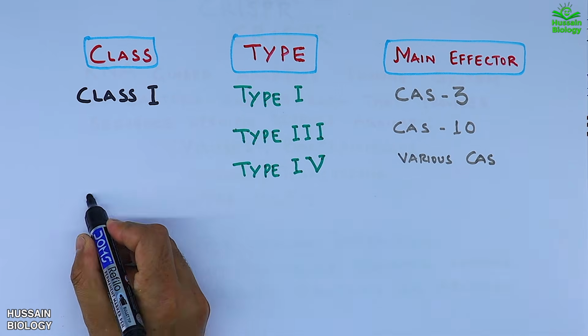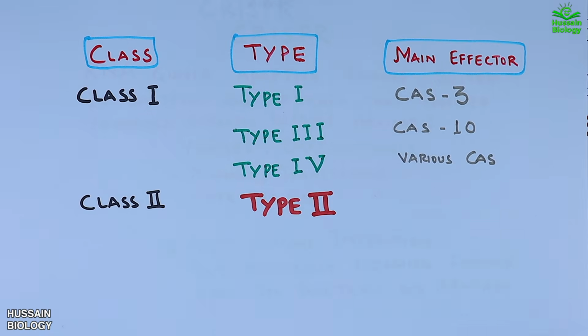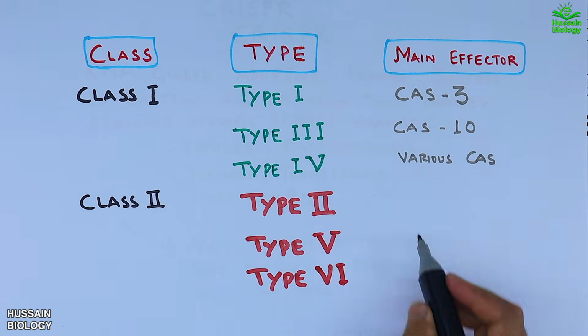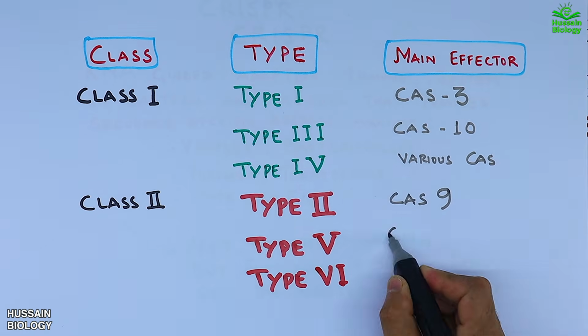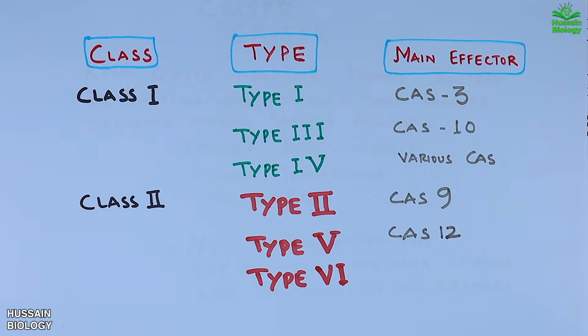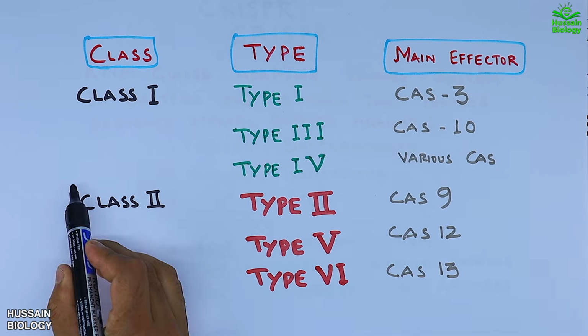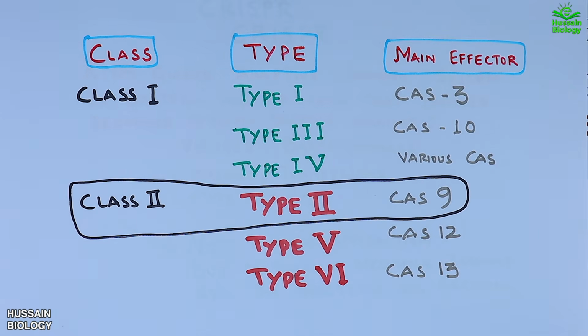Now moving on to Class 2, we have Type 2, Type 5 and Type 6. These systems are particularly important because they use a single large effector protein. For example, Type 2 uses Cas9, Type 5 uses Cas12 and Type 6 uses Cas13. And this is the one we are particularly interested in, Type 2 that uses Cas9.